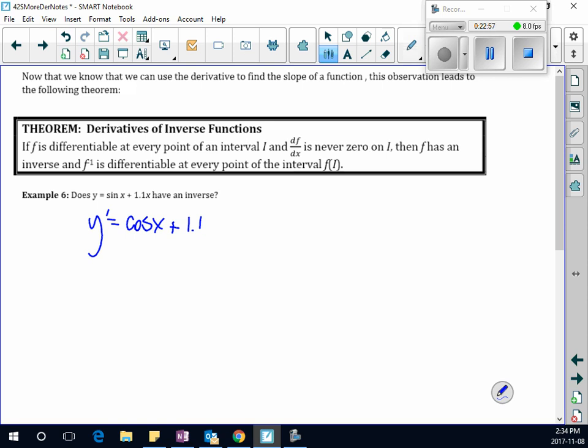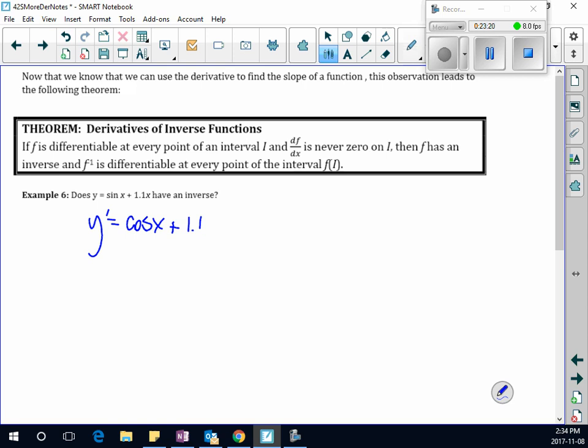What's the lowest that the derivative of cos x could be? -1. And if I add 1.1 to it, it would always be positive no matter what. So I can conclude that the inverse is also differentiable at every point.